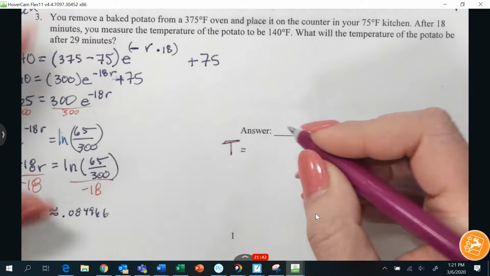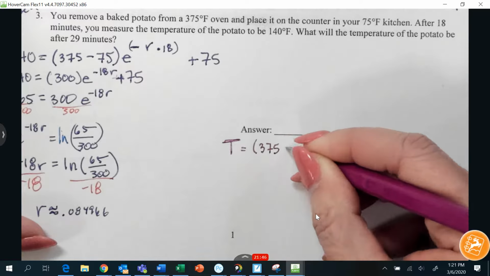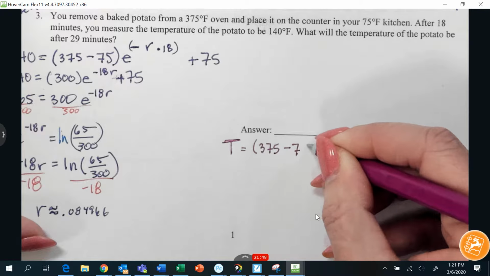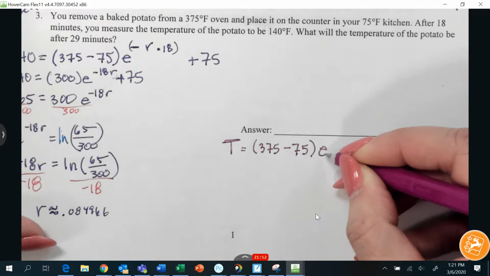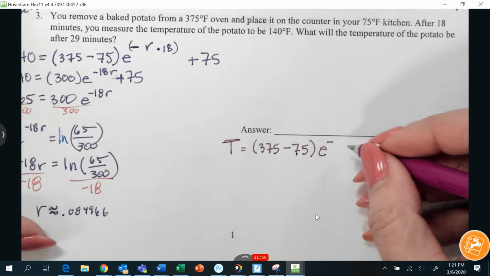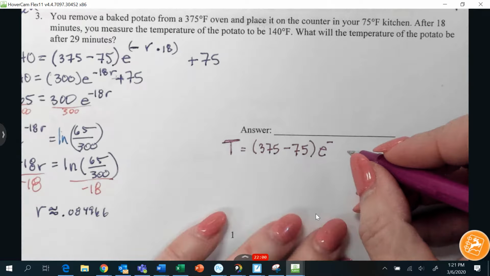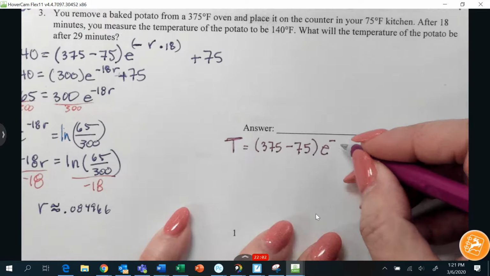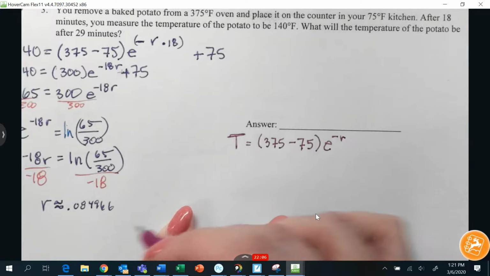But I still know that it came out at 375. I still know my temperature in the room is 75. I still know E because it's always there. I still have the negative sign because that's part of the formula. R has not changed. It's the same potato. But I don't really want to write that whole decimal down, so I'm just going to put R there. I know that this is the rate.